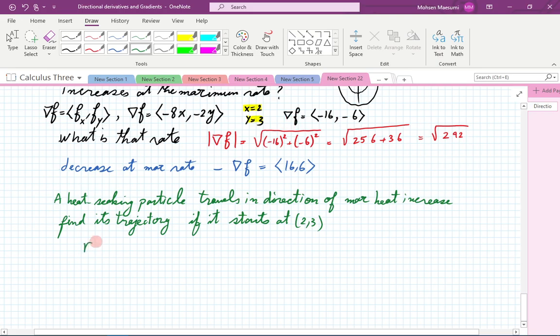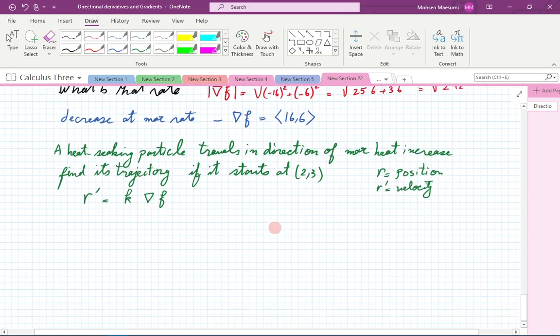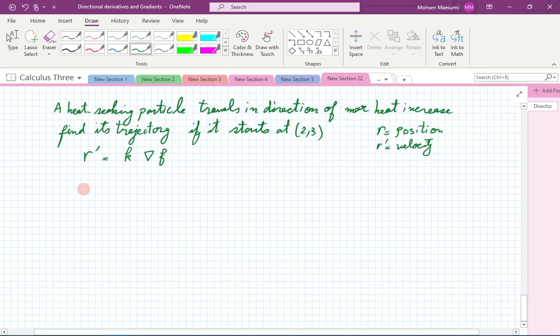So let's consider r to be position. So r prime is going to be the velocity. That particle is going to adjust its velocity so that it will go in the direction of the gradient of f. So r prime is going to be some multiple of the gradient of f, whatever multiple we don't know. So what does this mean? What is r prime? R prime is dx/dt and dy/dt.